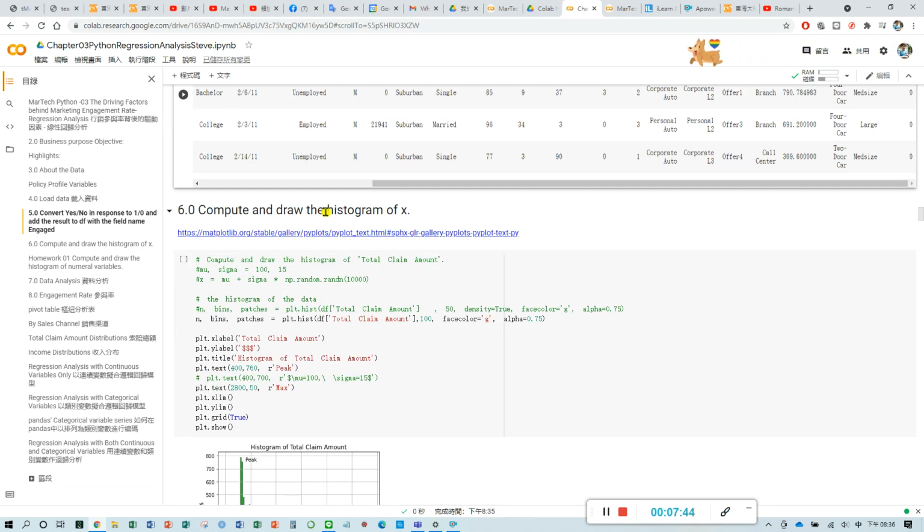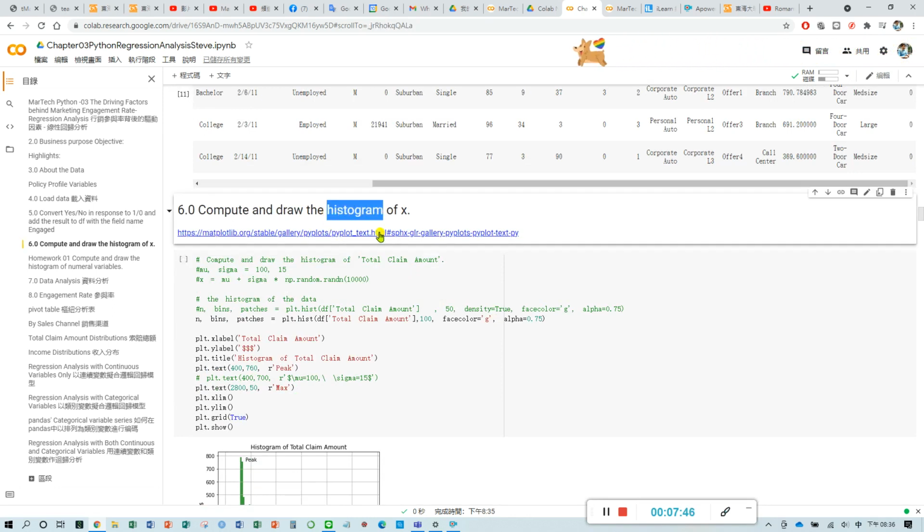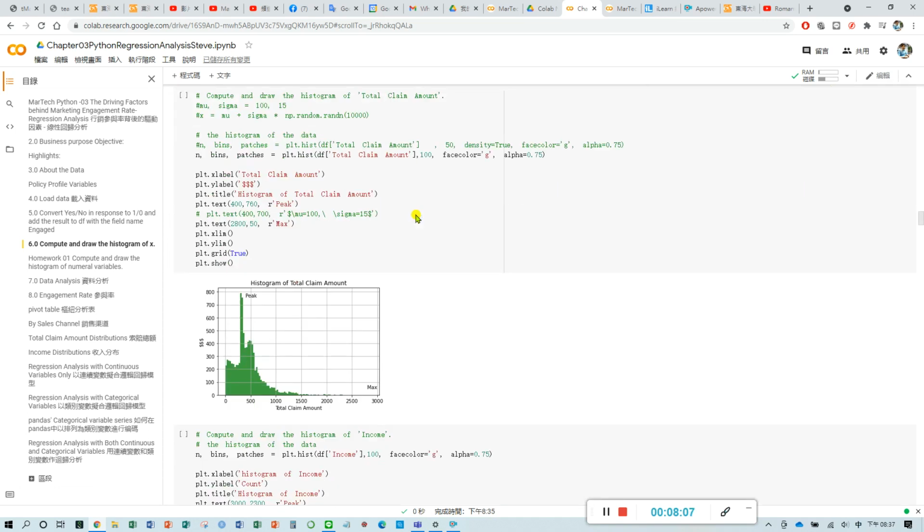The first diagram we are using is the histogram. In Chinese, we call 直方图. The histogram diagram is only for one variable, so we have to draw and compute the histogram for each variable.